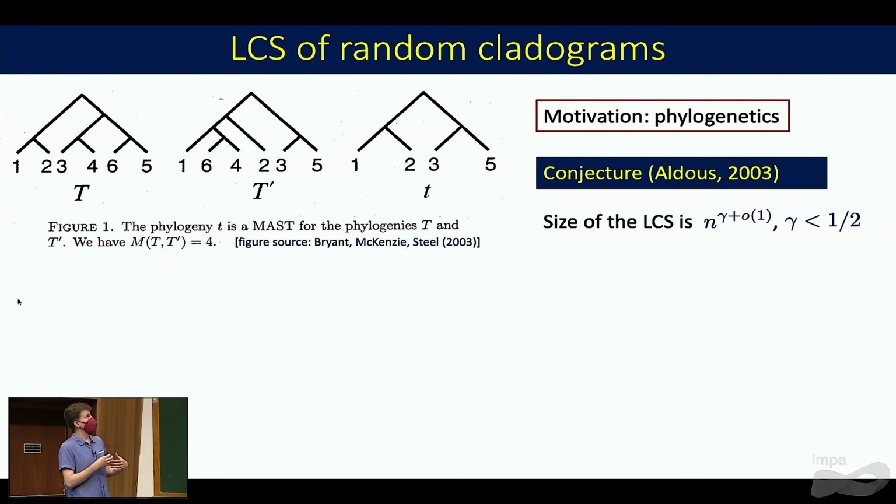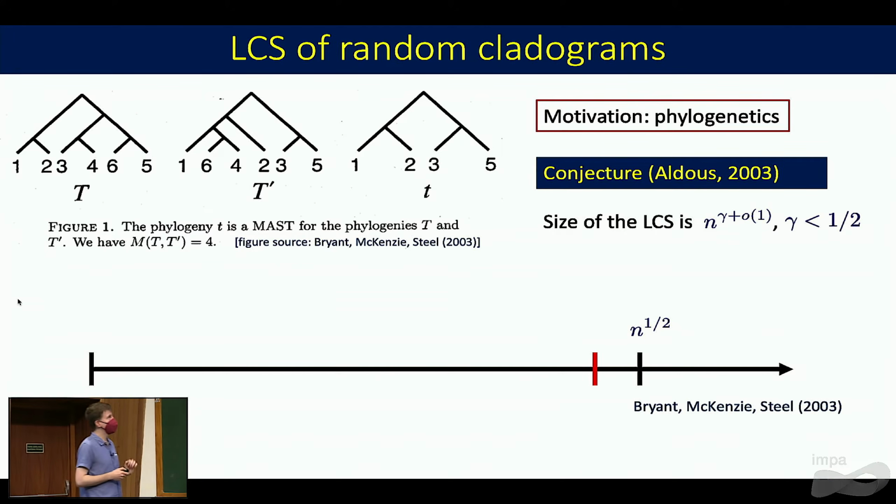That's what a line of mathematical work has been exploring, starting with Aldous, who conjectured that the size of this should be n to the gamma, where gamma is some constant strictly less than a half. There have been several works. Bryant, McKenzie, and Steele, around 2003, when this work started. A first moment bound gives you n to the half.